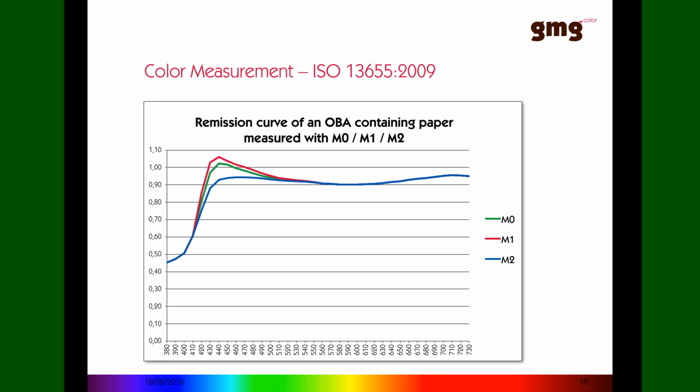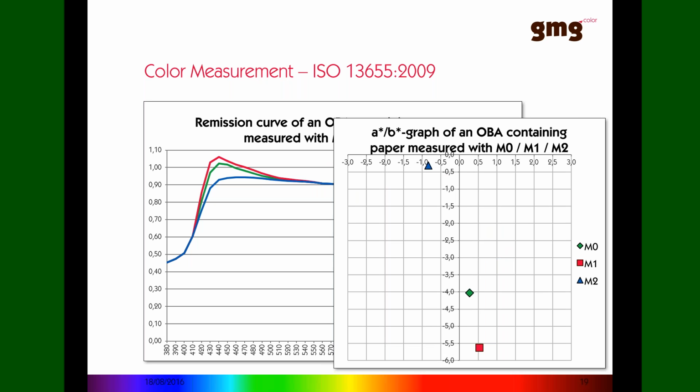If we have a look at this example also in a different view, here we have the AB graph. The AB graph is how we recognize colors, basically. On the x-axis, on the left-hand side it's a bit greenish, on the right-hand side it's a bit more reddish, and on the y-axis, the further it goes down, the more bluish it gets, and the further it goes up, the more yellowish it gets.